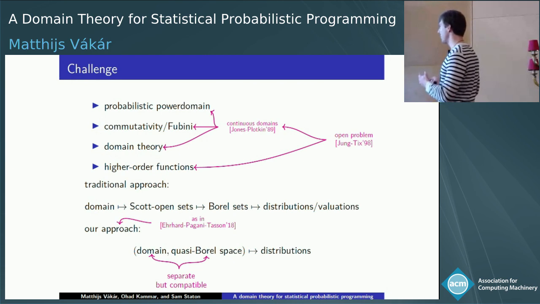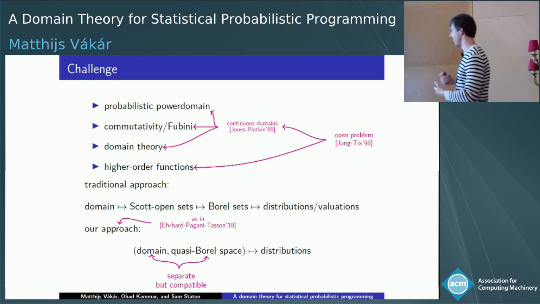So the challenge of the Jung-Tix problem was to find a Cartesian closed category of continuous domains with, I guess, a powerdomain that satisfies Fubini. And the traditional approach is to start from the domain, take the open sets, the Scott open sets, take the Borel sets generated by those, and then take probability distributions or valuations on those.